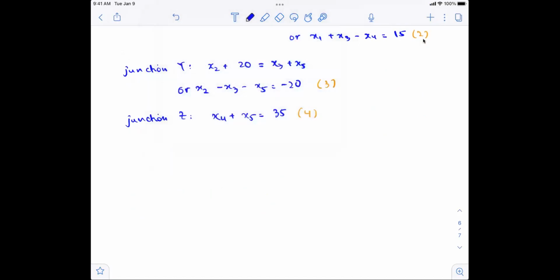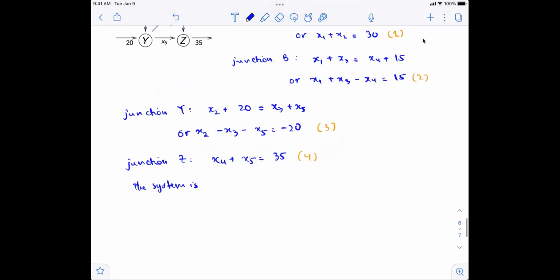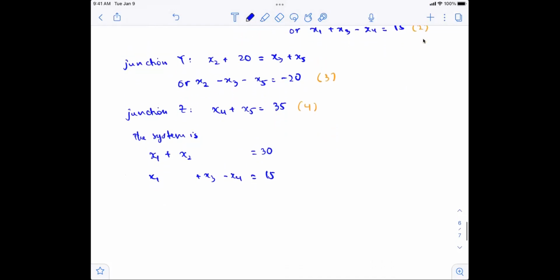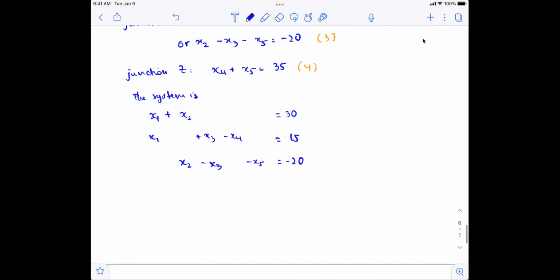And we obtain the system. The system is of the form x1 plus x2 equal to 30. x1 plus x3 minus x4 equal to 15. And x2 minus x3 minus x5 equal to negative 20.